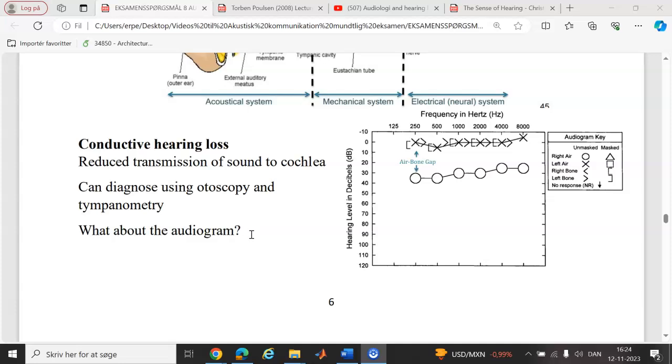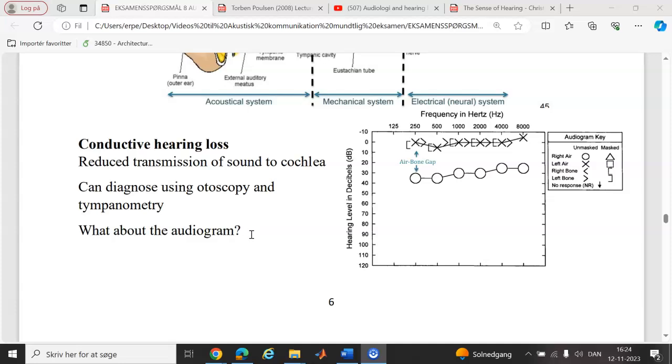Yes, we have the right ear unmasked, with hearing level in decibels and frequency. There's an air-bone gap here between the left ear and right ear. The right ear unmasked is lower than the left ear, and also left bone and right bone.